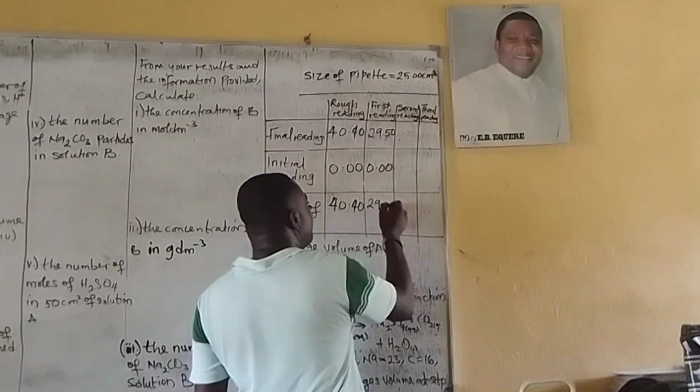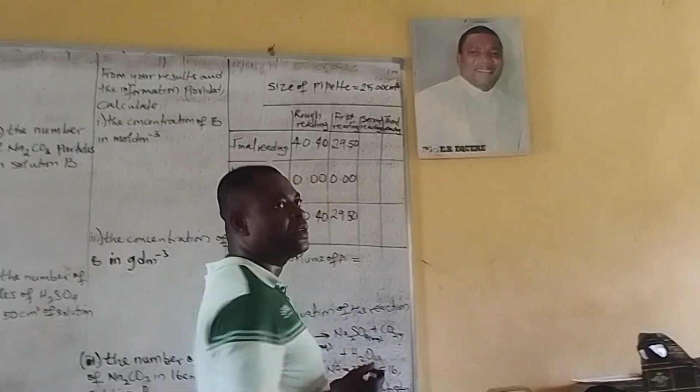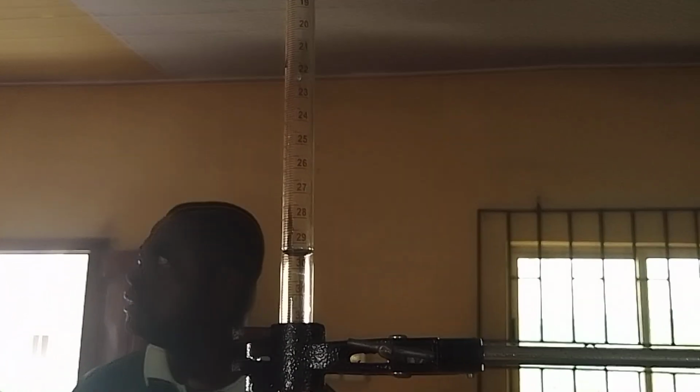So if I take away 0.00 from 29.5, I will get 29.50. Okay? I want to start again the fresh one, so I will have to discard this one. So the second reading now.